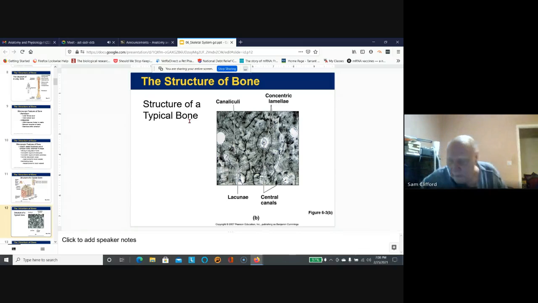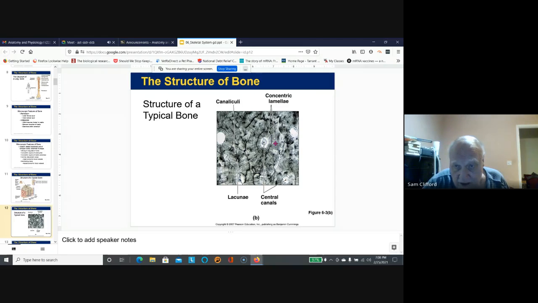Sorry, I'm back. Okay, so again, if you look at a cross section of compact bone, you have a central canal, and the whole structure is layers of bone with osteocytes in little lacunae, and the canaliculi are fine channels through which the osteocytes communicate with one another.